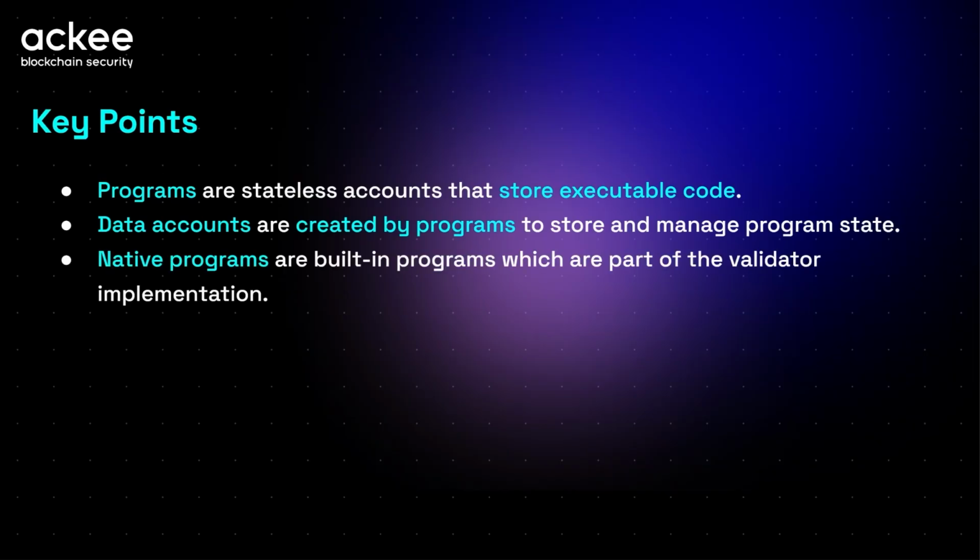And then you can have multiple types of programs. Let's call the programs created by developers custom programs. The second type are called native programs, and these are built-in programs which are part of the validator implementation. For example, you have the system program, and this system program is really important because your Solana wallet is owned by the system program.